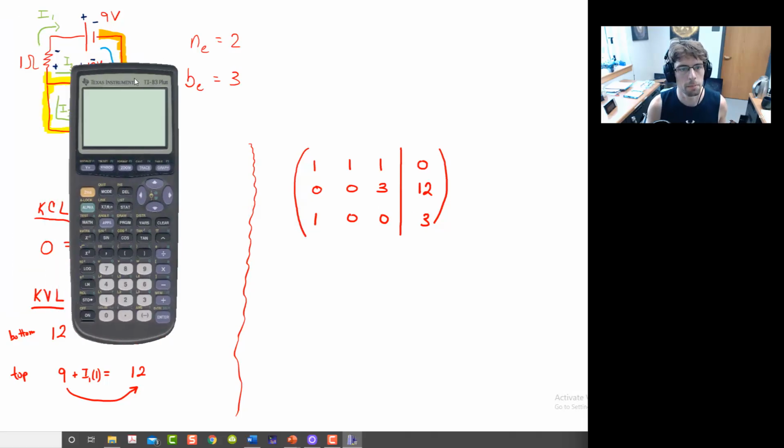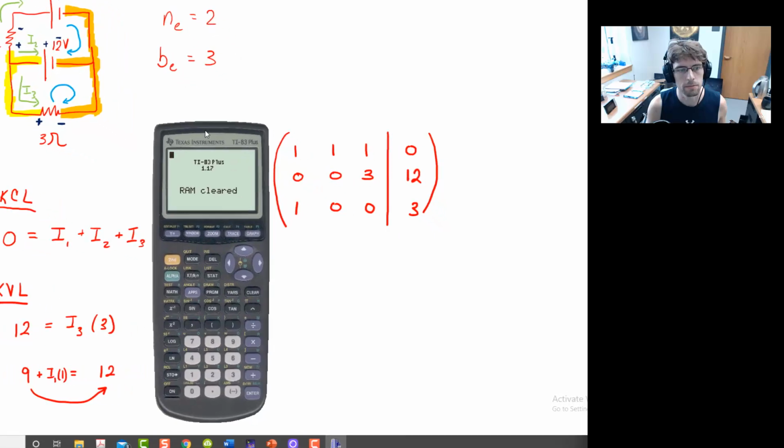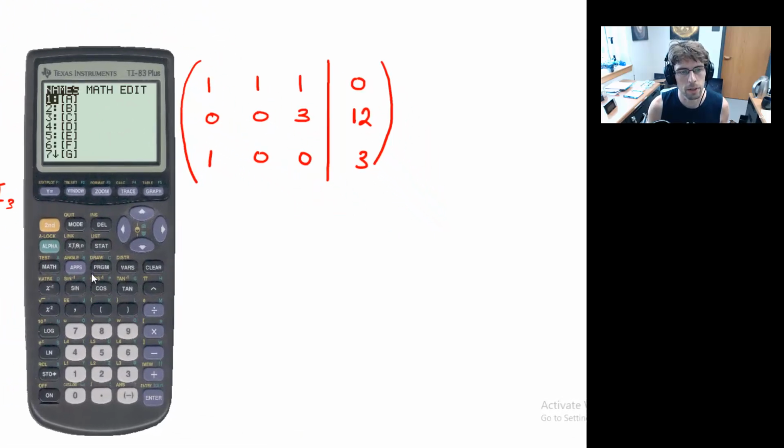Why don't we just pull up our trusty little calculator here? Pull that up and move that so you can actually see it. We'll put in the entire augmented matrix, 3 rows and 4 columns. We have 1, 1. I'll use the keyboard here since I don't have any negative numbers to worry about. 0, 0, 3, and 12.